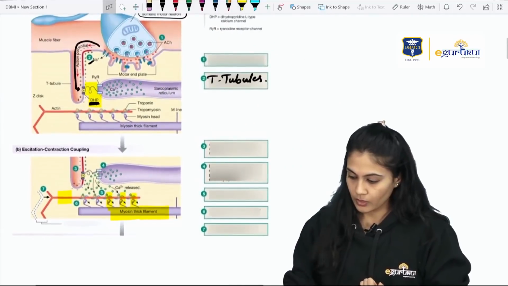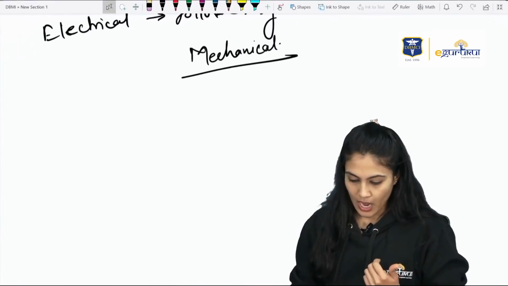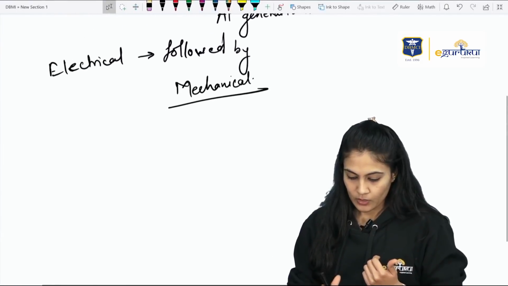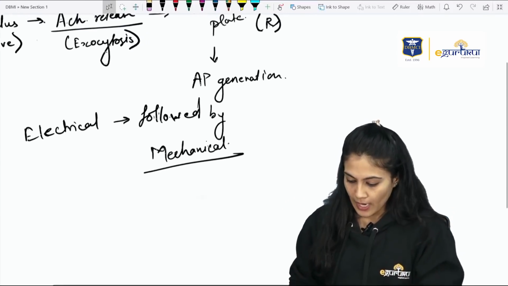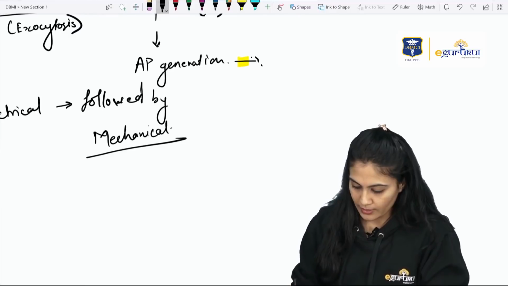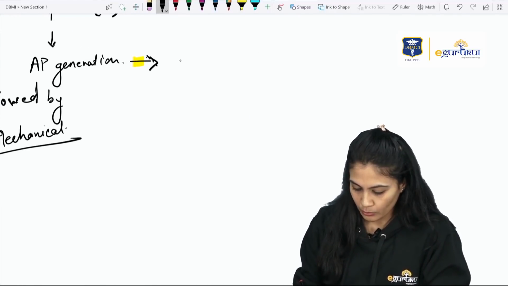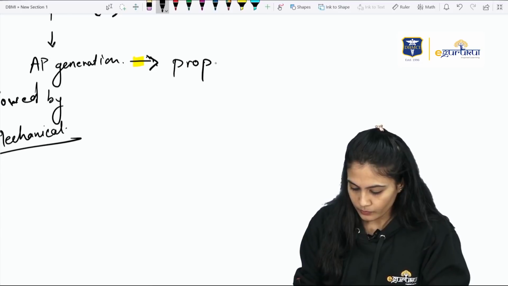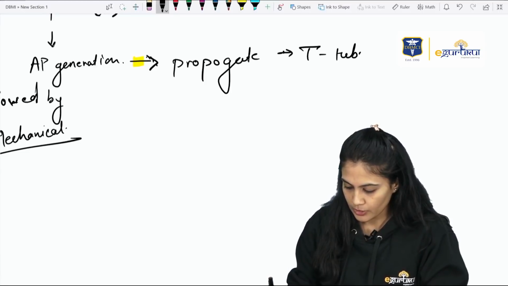So if we have to write it in a short manner, how can we write it? Okay, we know that the action potential is generated. Once the action potential is generated, what will happen? Which channels will be activated? This action potential will travel down, or propagate, towards the T-tubule.